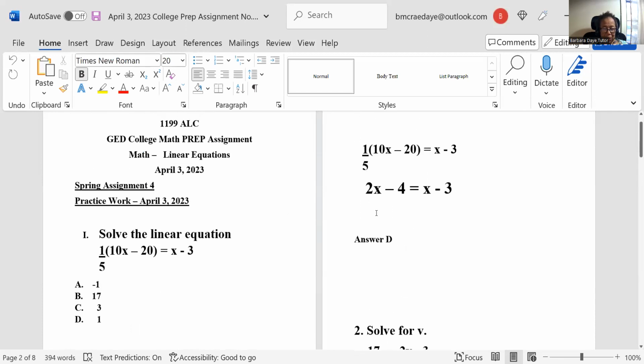Now, Mercedes, how do I get my variables, my x's, together? We're going to add 2 on both sides. Wait a minute now. You don't see a 2 here. You see a 2x.